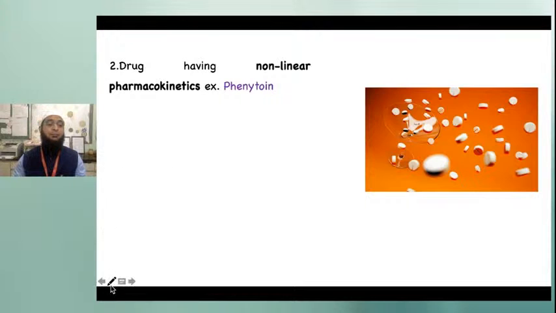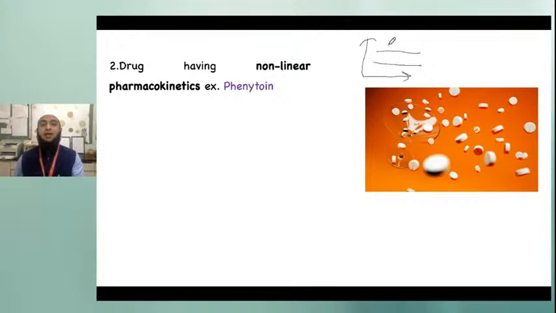A very good example is phenytoin. Phenytoin has various reasons why it needs TDM, right? One of the reasons is that phenytoin has non-linear pharmacokinetics. Very interestingly, when you plot the dose and response of the drug, you get a certain curve, and when you see its therapeutic range, the therapeutic range is also narrow.